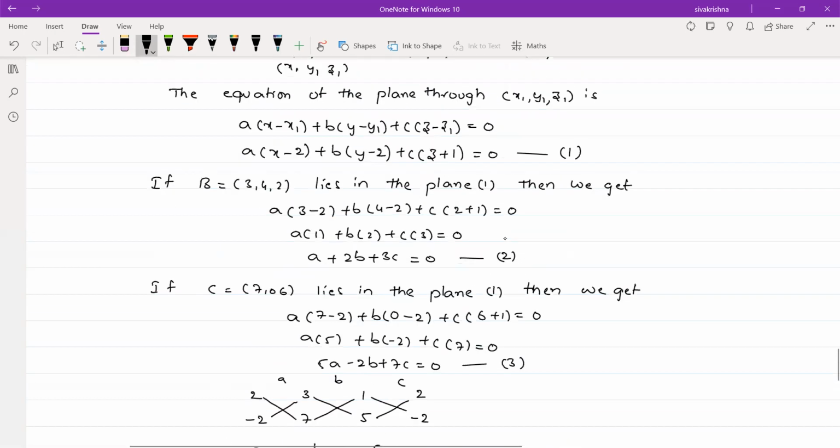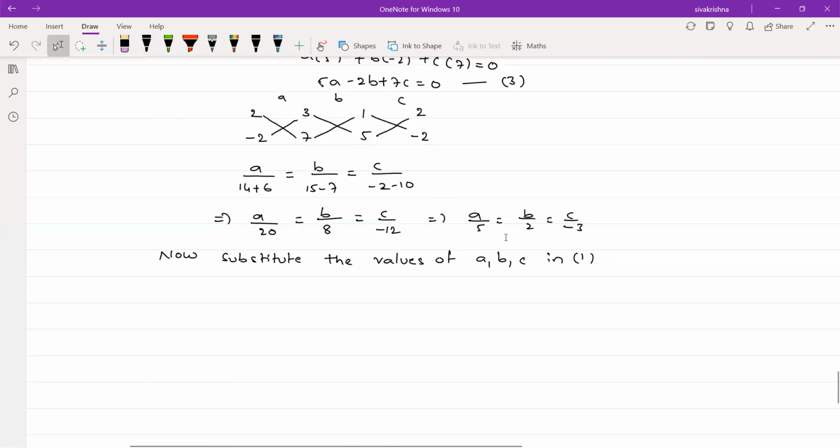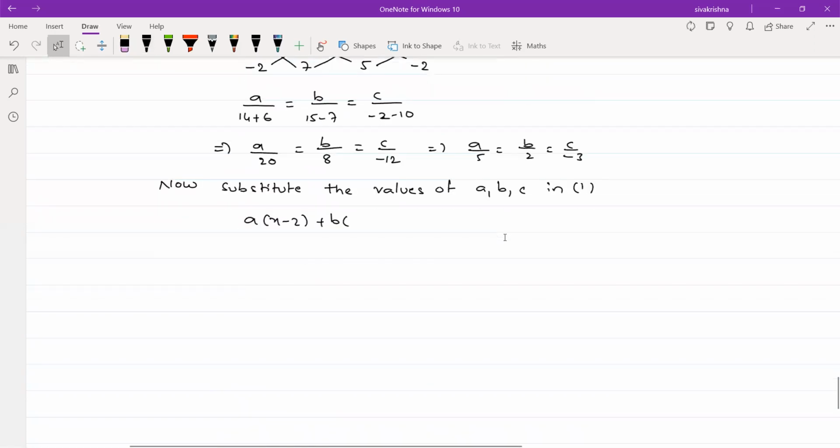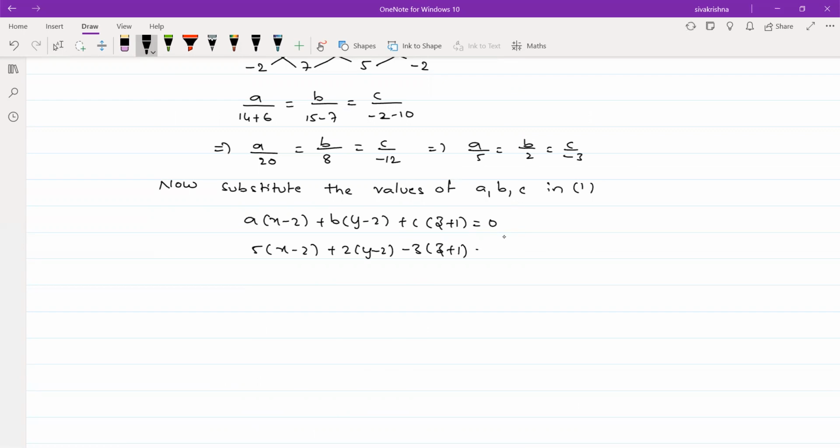So once again we have to write equation 1, that is a into x minus 2 plus b into y minus 2 plus c into z plus 1 is equal to 0. So now we have to substitute the value of a by 5, 5 into x minus 2 plus 2 into y minus 2, and in place of c we have to write -3 into z plus 1 is equal to 0.